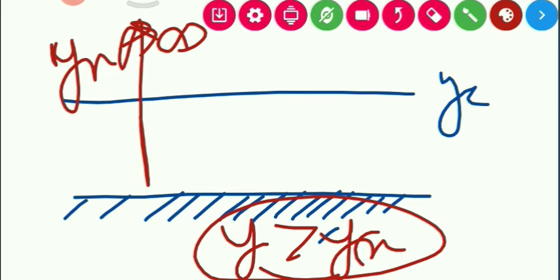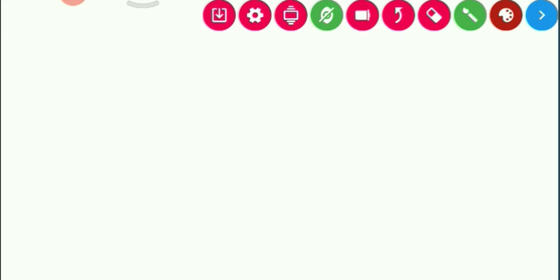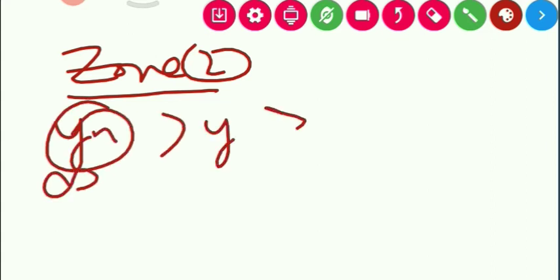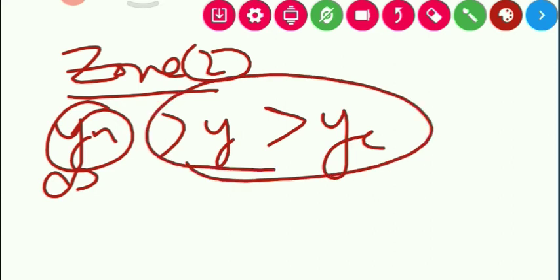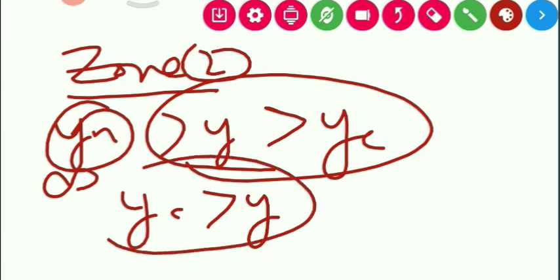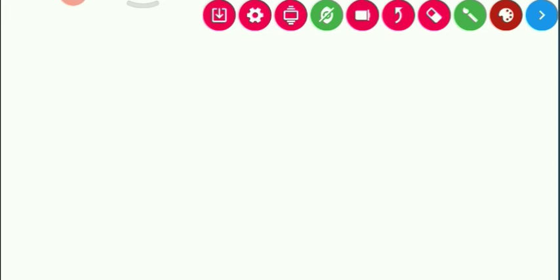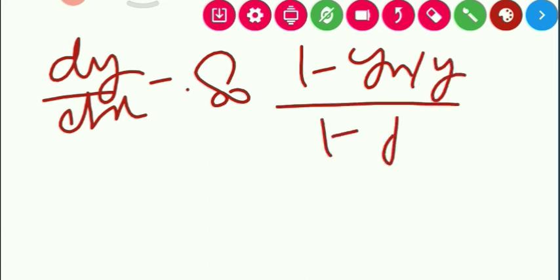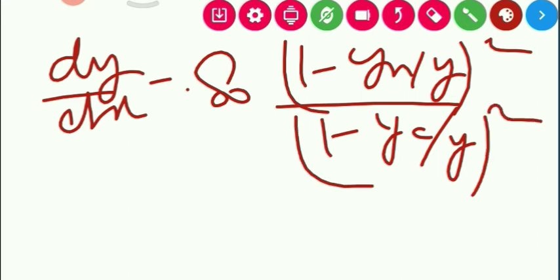In zone 2, y_n is at infinity. Okay, so this is the case, and in the second case y_c is greater than y. We have only two cases over here. So let's see the case. dy/dx is S_0 into (1 minus (y_n/y) to the power something) upon (1 minus (y_c/y) to the power something).